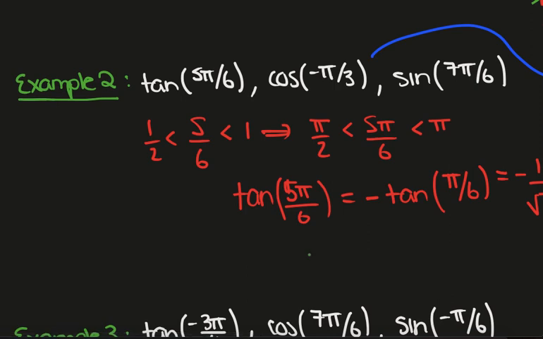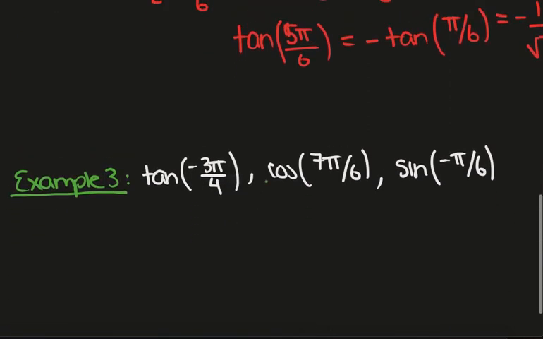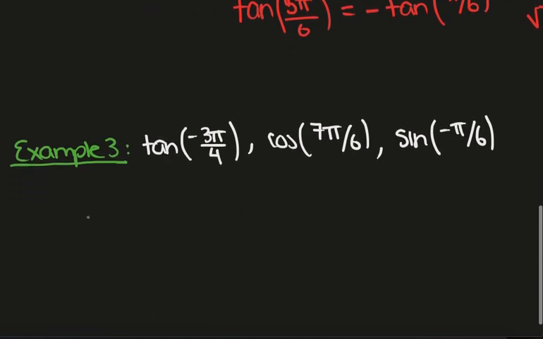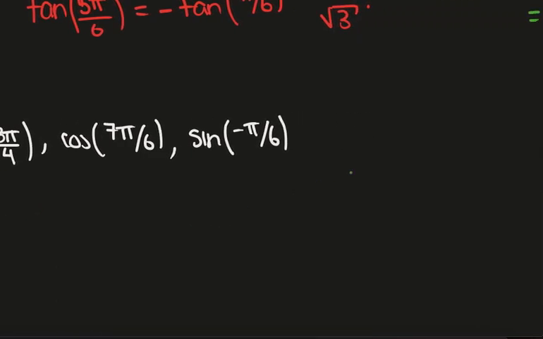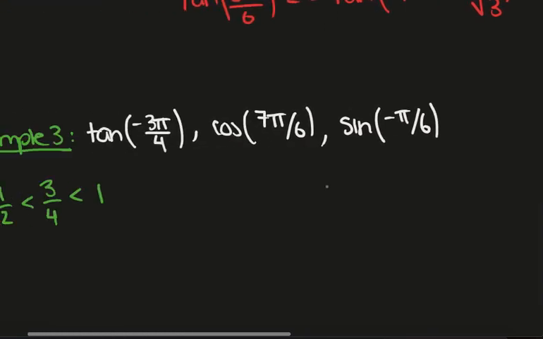Okay, so let's do some more examples. Here we've got tan of minus 3 pi on 4. So 3 on 4 is bigger than 1/2, but less than 1. So if we go clockwise, let me draw these quadrants again.